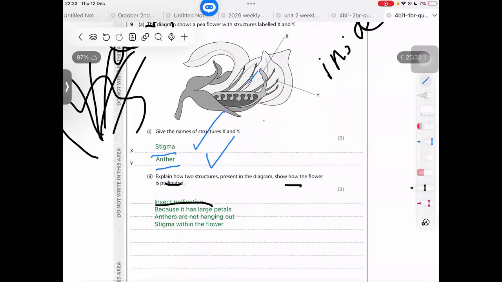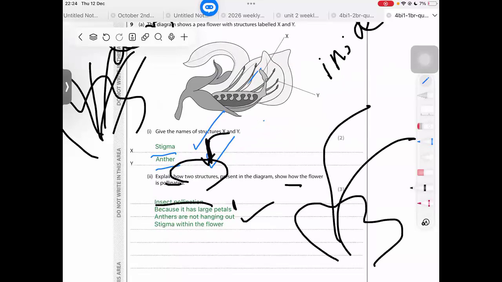insect pollination. If you want, you can write this as well because it has large petals, right? But here they are asking, explain how the two structures that you have mentioned show that the flower is insect pollinated. So anthers are not hanging out. In a wind pollinated flower, anthers are hanging out.